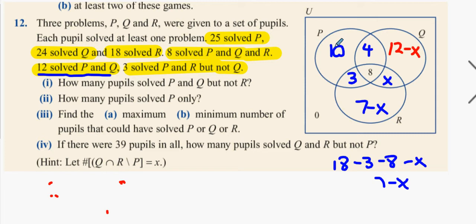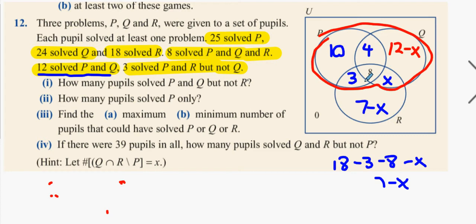We're just going to add everything within this region here. Does that make sense? Because that's PR. We're not allowed to include R, are we? So just P and Q, but not R. Are we allowed to leave the answer in terms of X?